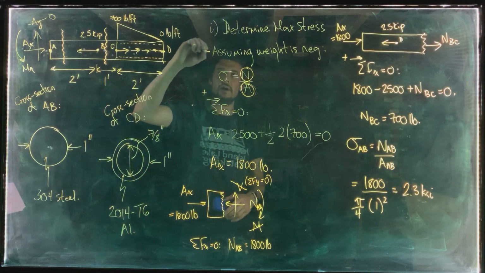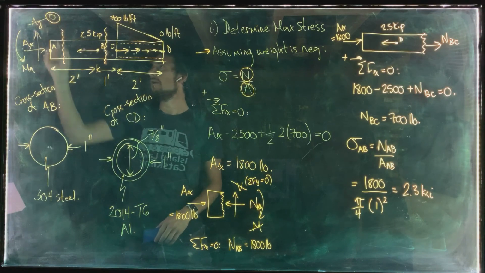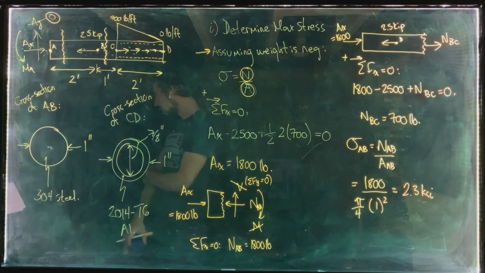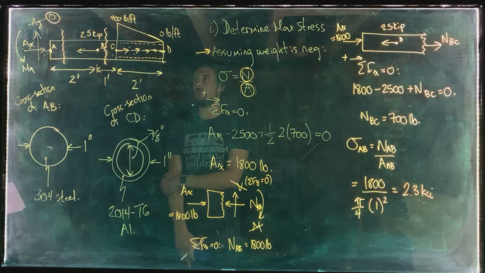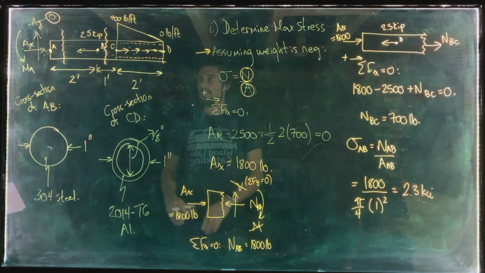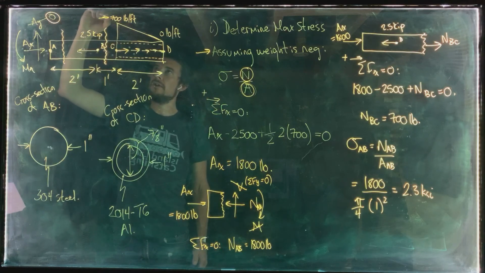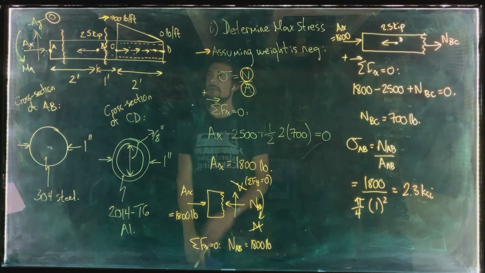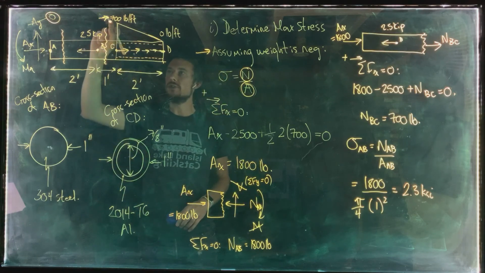So you're talking about up here, or you're talking about over here, AY equals 0? Yeah, so you're talking about this 700 pounds right there? Yeah. So that is actually not a force in the y direction.